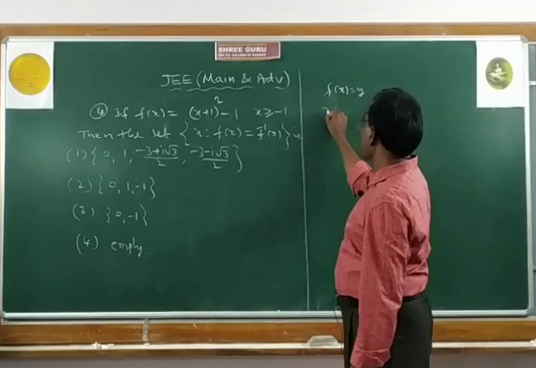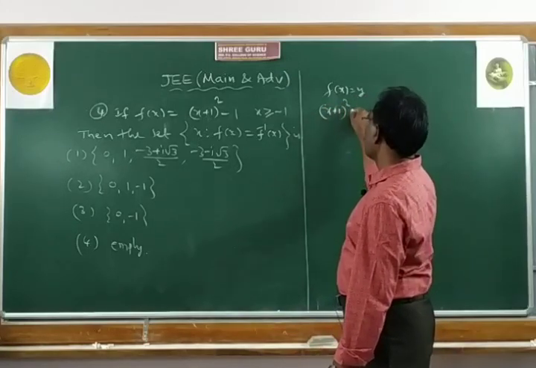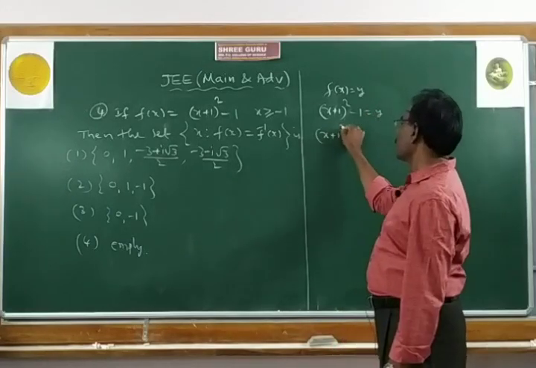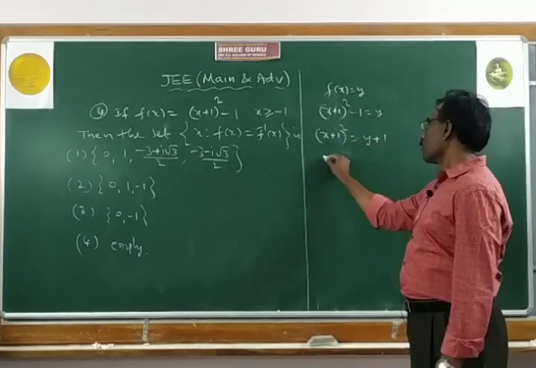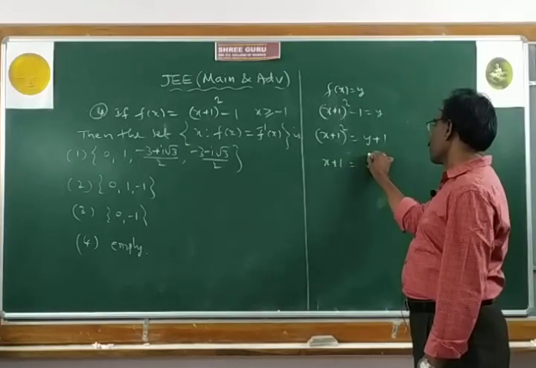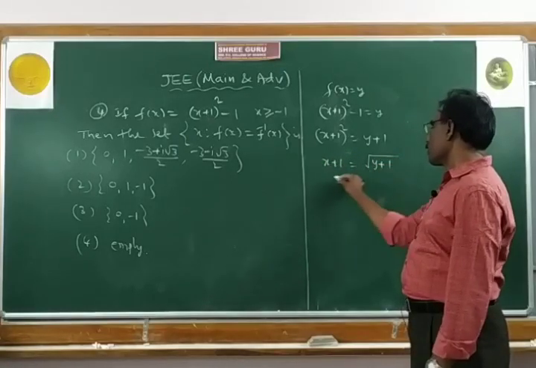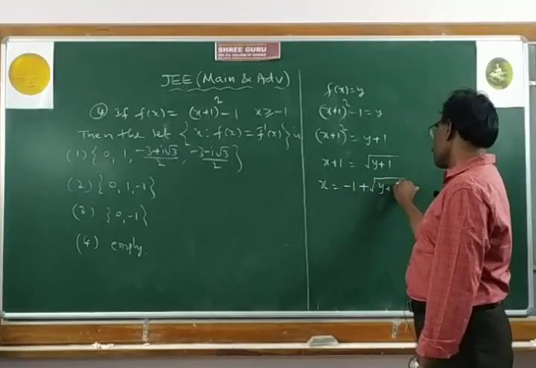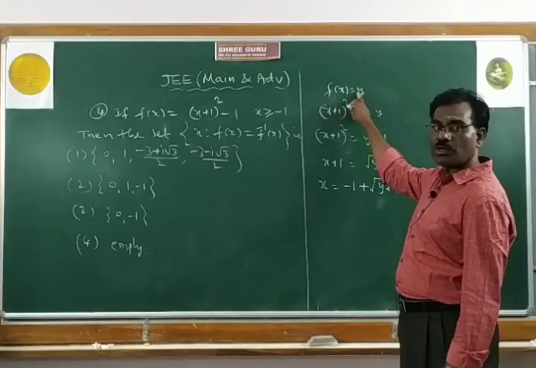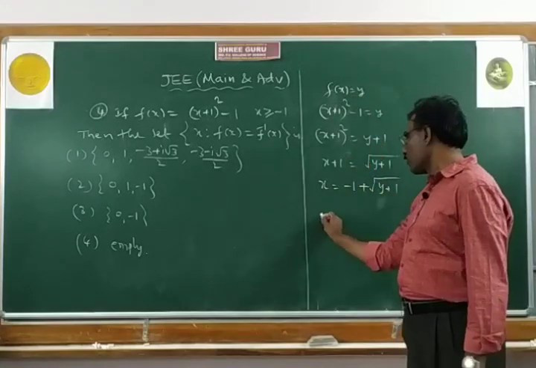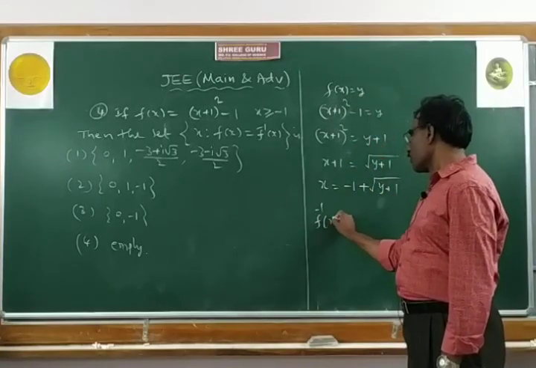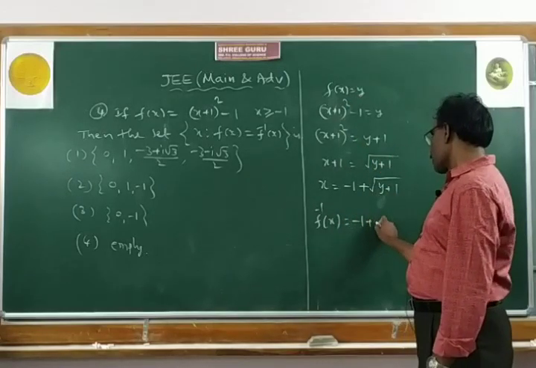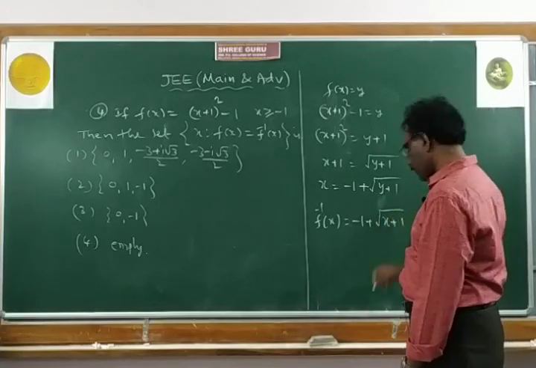What is f of x? (x plus 1) whole square minus 1 equal to y. (x plus 1) whole square equal to y plus 1. What is x plus 1? Taking the positive root, root of y plus 1. So x is minus 1 plus root of y plus 1. x means f inverse of y. So f inverse is minus 1 plus root of x plus 1.